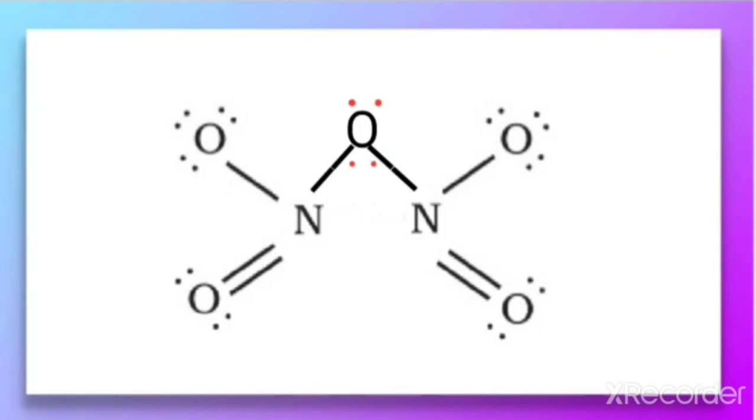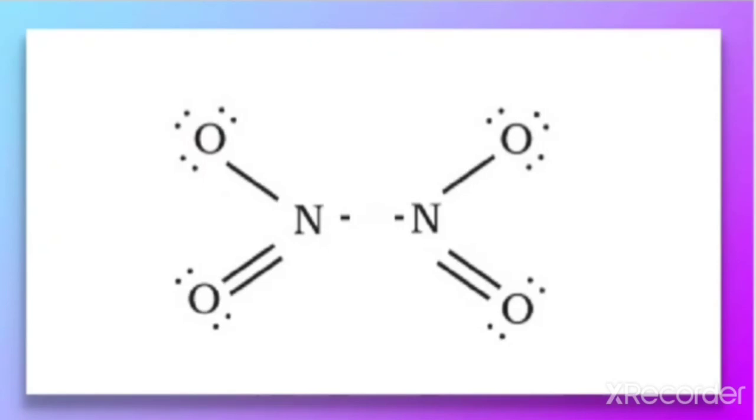Once again, try this. Start with the Lewis structure for NO2. Make one more structure of NO2 in the reverse order. Keep the bond between them. Now it is N2O4. Remove one of the oxygens, keep two dots, and now it is N2O3. When you keep that oxygen, it is N2O4.